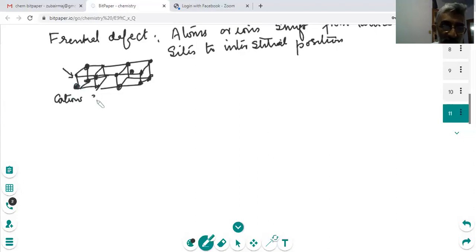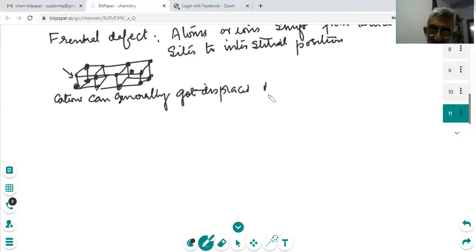Cations can generally get displaced into interstitial positions.